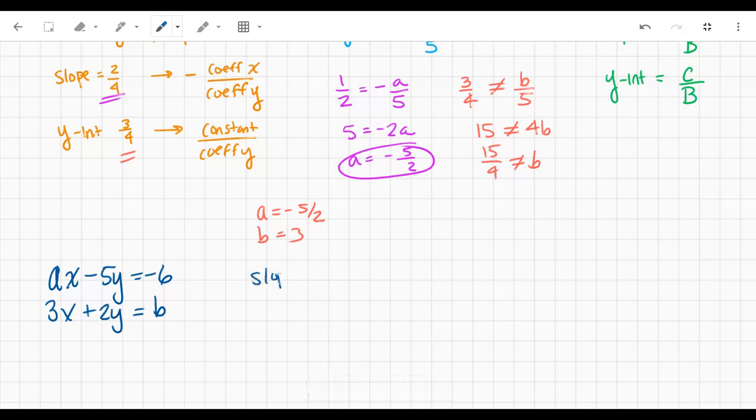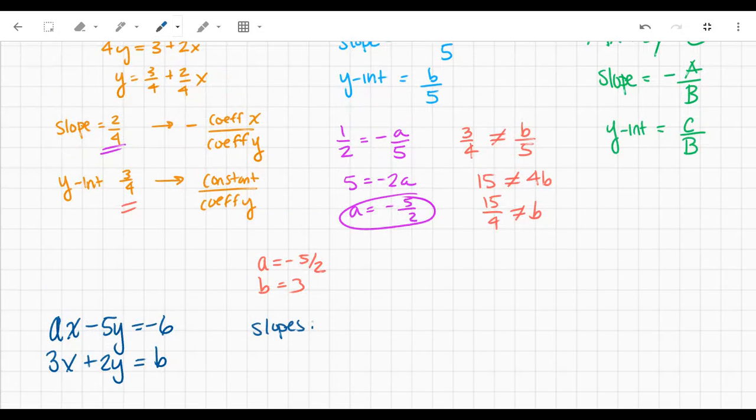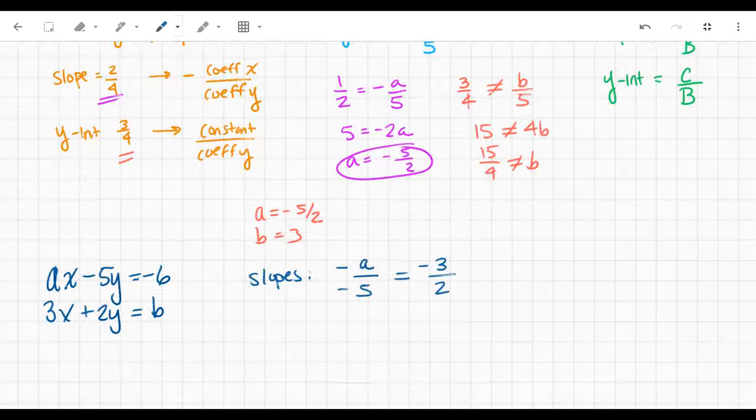So our slopes, again, the opposite of a over b. So negative a over negative 5 has to equal negative 3 over 2. If we get rid of those negatives, we can cross multiply. So 2a equals negative 15. So a is negative 15 over 2.